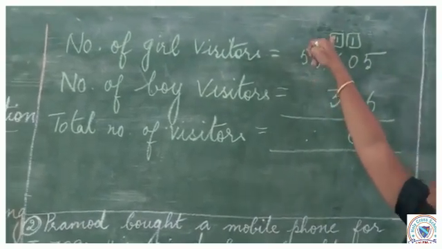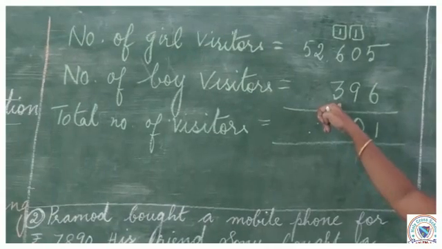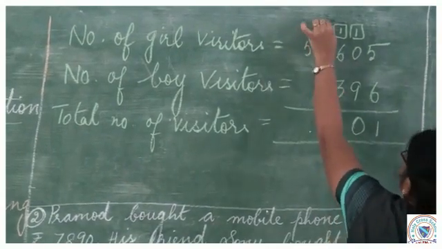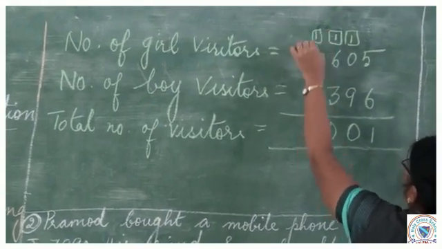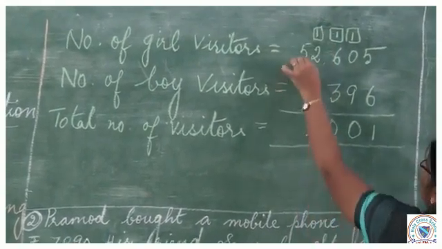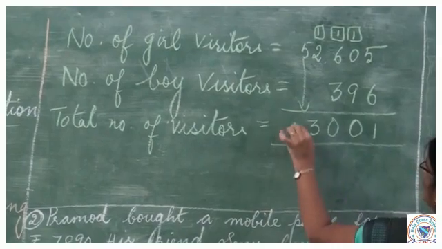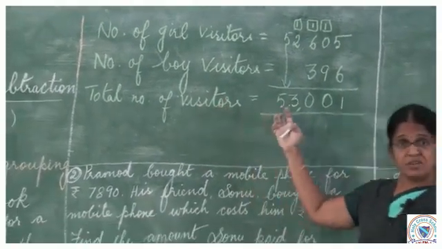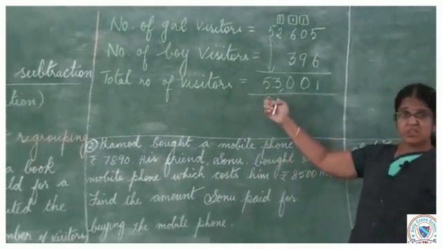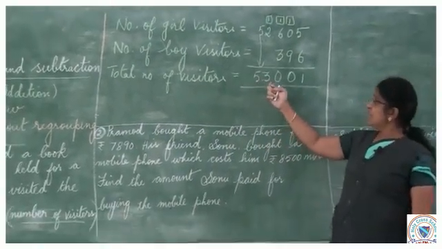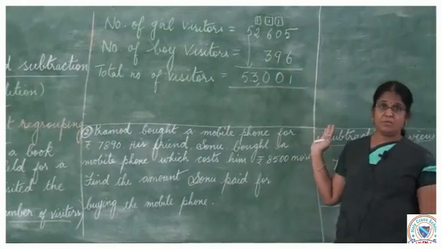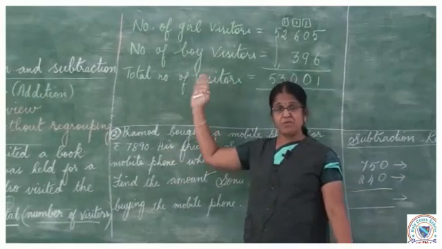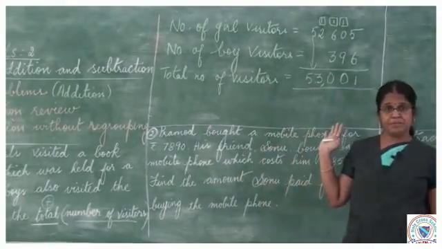So, 6 plus 1, 7. 7 plus 3 gives you 10. So, 0, carryover 1. 2 plus 1, 3, and this 5 you can bring as such and write. So, total number of visitors who visited the exhibition are 53,001.